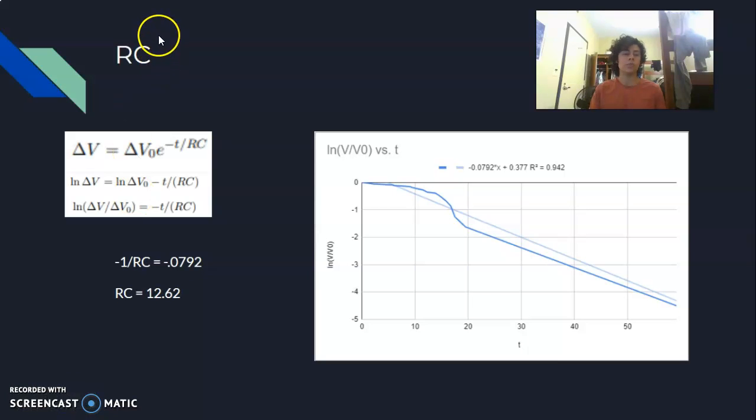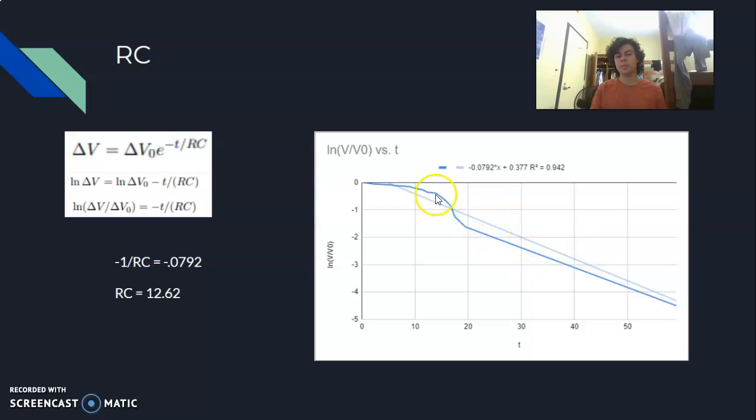So these are the calculations that we found to use for RC. In the lab instructions, we were given these equations. As you can see, this bottom one is derived from the top, where we are solving for negative t over RC. Using an Excel sheet, I was able to find a variety of calculations of both time and voltage on a 30 ohm light bulb, which I then used to extrapolate the negative 1 over RC, which is this slope right here.